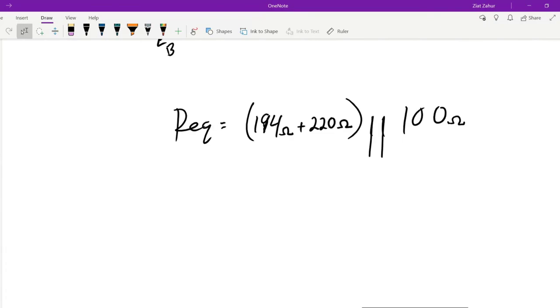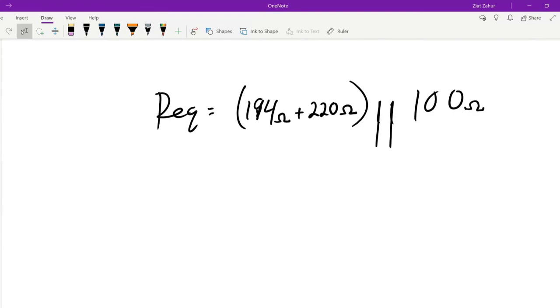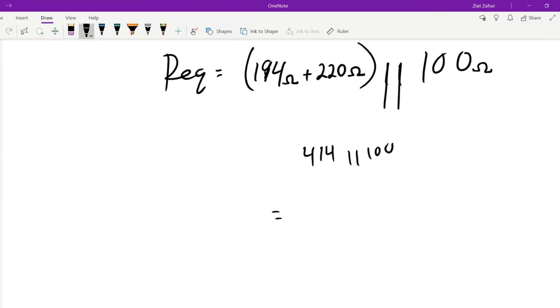Okay. And so 194 plus, I'm going to keep the original values, plus 220 gives us the 414 or 413.875. And then we'll just go ahead and do a product over sum. So times 100 divided by 500 and whatever. I used the original number, so I kept the actual values. So I get 80 and a half.